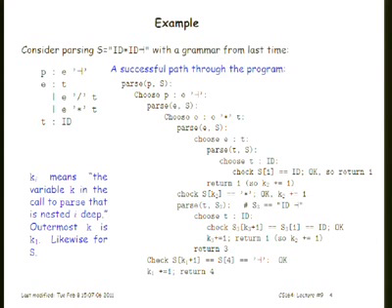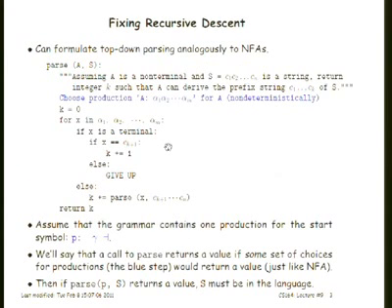So if we only had some kind of system that handled these blue things properly, in other words, allowed us to make a choice and succeed or fail, and if we fail, we have another choice that we can make. If we had something that did that, then we could actually parse any context-free grammar.